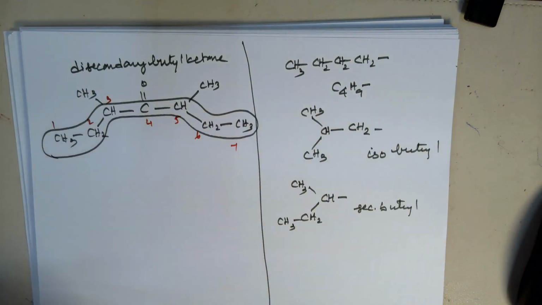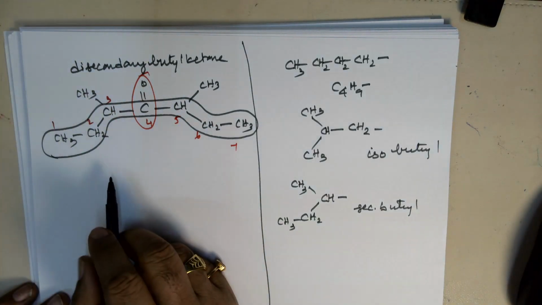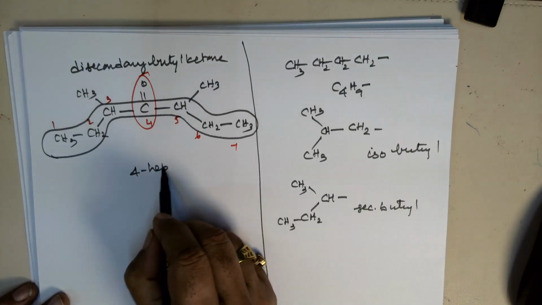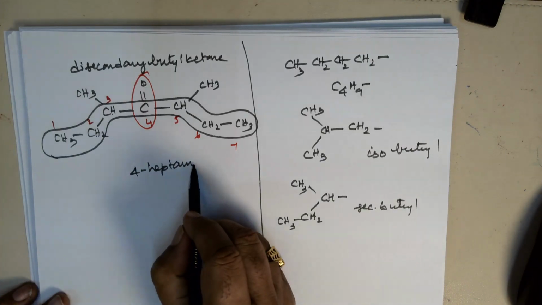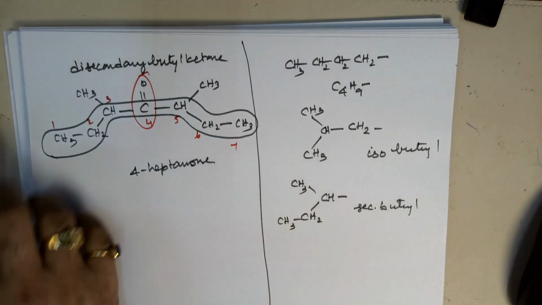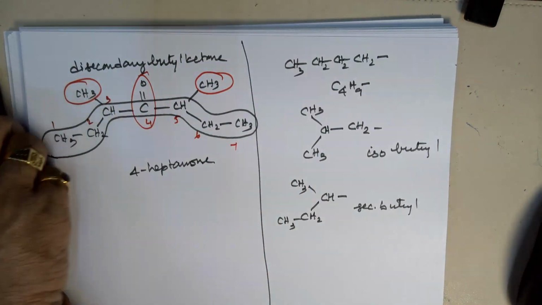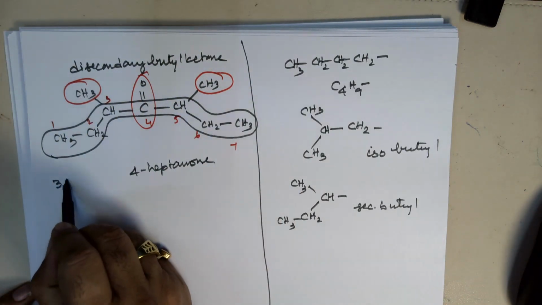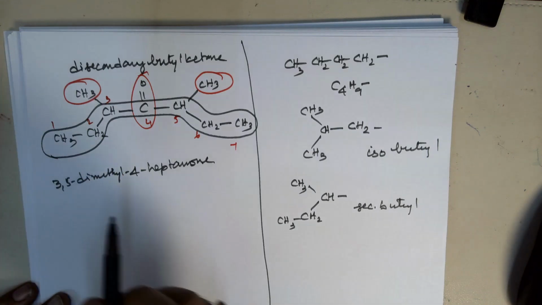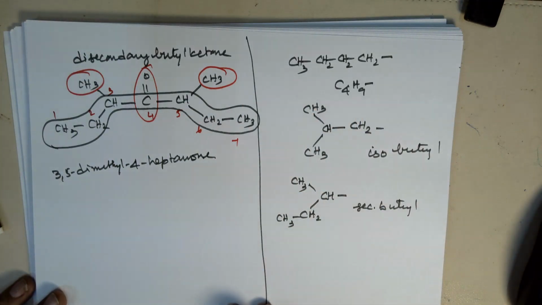And in the fourth carbon atom, you have the double bond ketone. So 4-heptanone. And what are the substitutions? 3, comma 5. So 3,5-dimethyl-4-heptanone. You can call it heptan-4-one also.